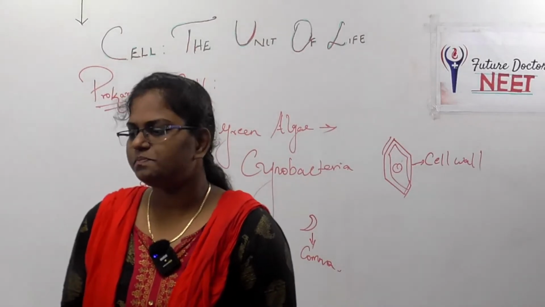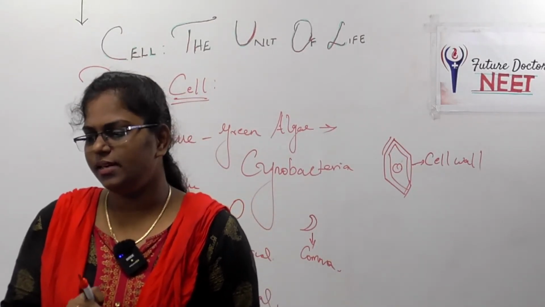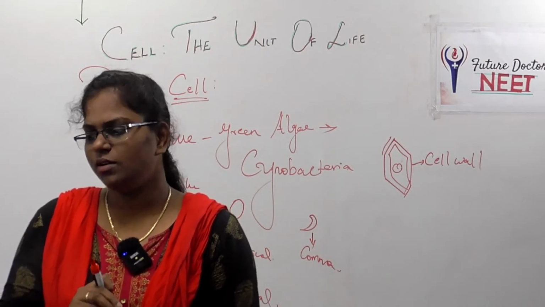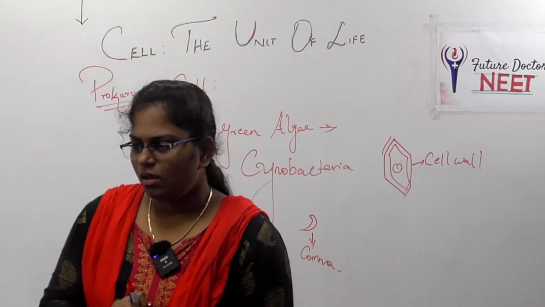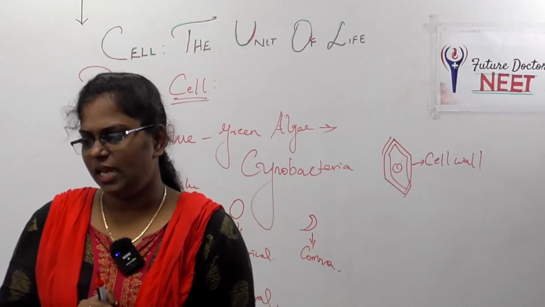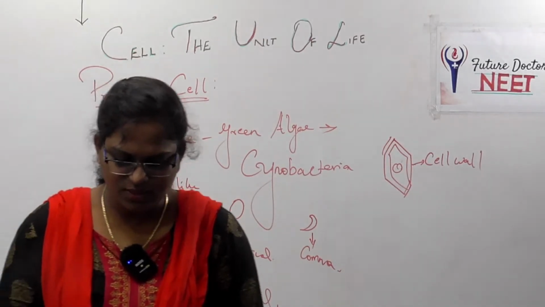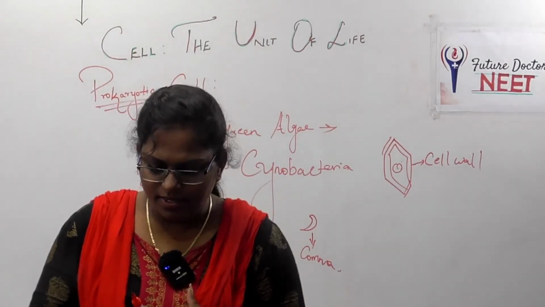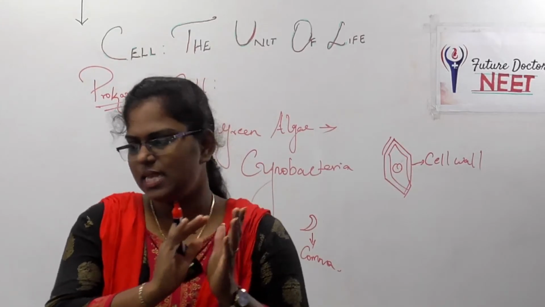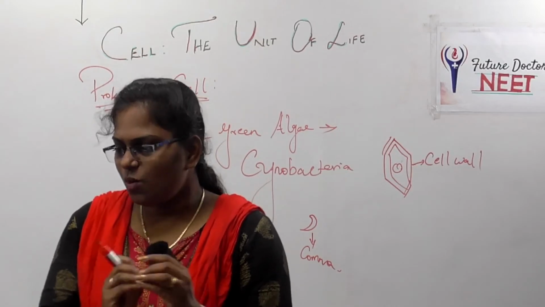In addition to the genomic DNA, that is the single chromosome or circular DNA, many bacteria have small circular DNA outside the genomic DNA. So some bacteria have a single chromosome, circular DNA, and smaller DNA.